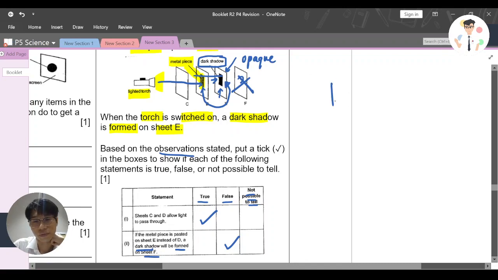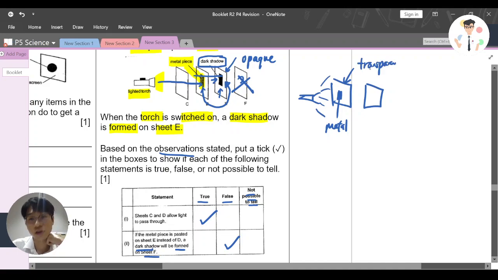So again, I repeat, if I paste this metal piece here, and my light shines through here, if this item is transparent, which allows light to pass through, then shadows will be formed.